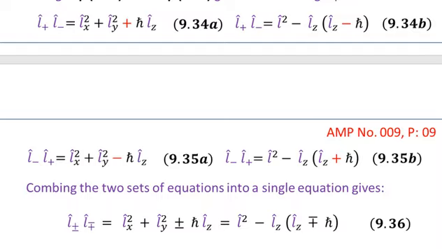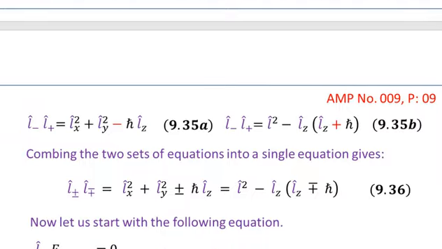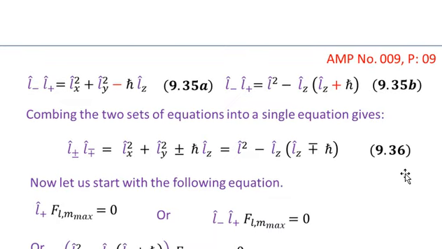Only where the red signs appear in equations 34 and 35, these red signs will change in equation number 36. So equation number 36 is actually a representation of all those four sets of equations. Actually, these are two equations but have four sets, so equation 36 is written as a combined form of equations 34 and 35.